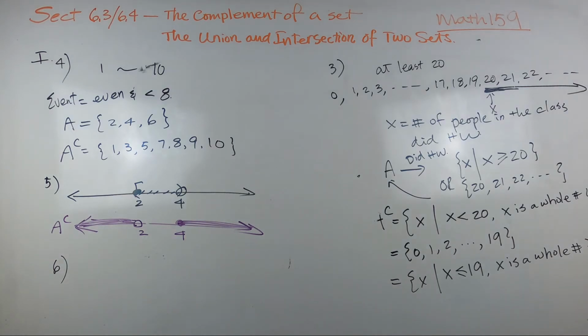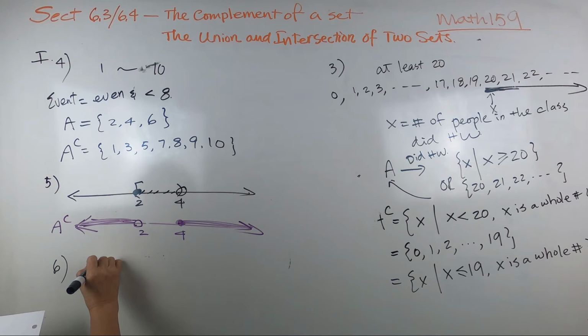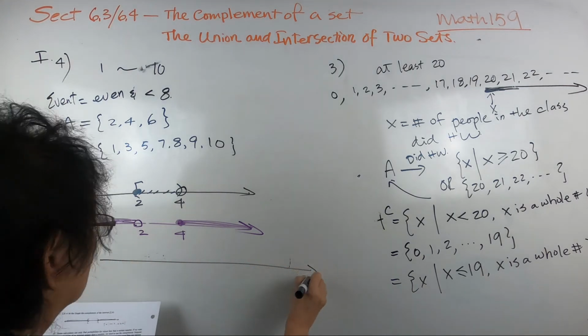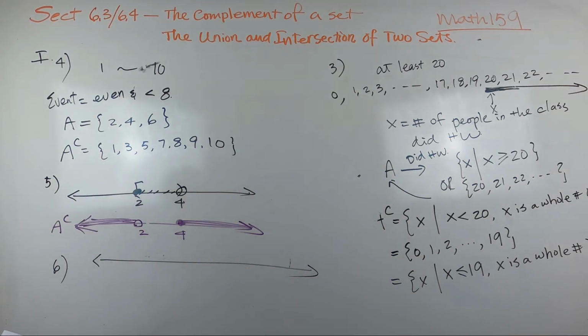So we want to find the complement of something, the complement of who has traveled to more than 2 countries in the last 12 months.